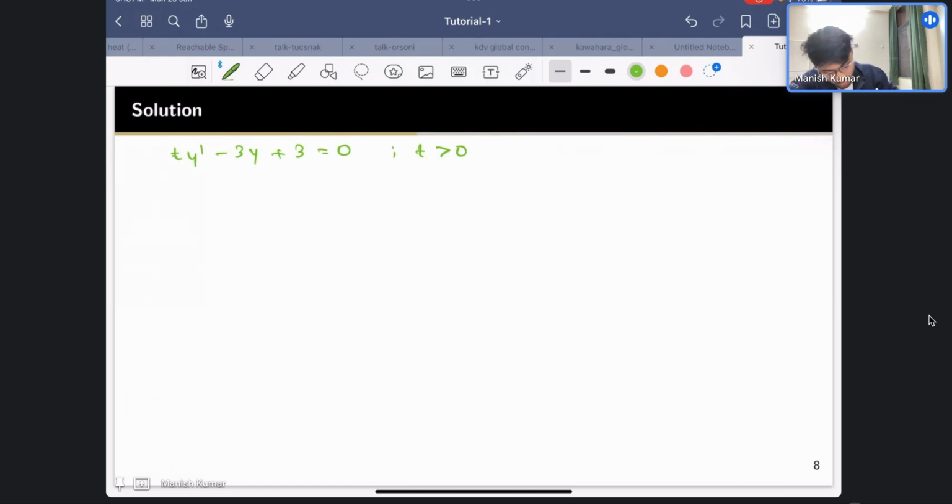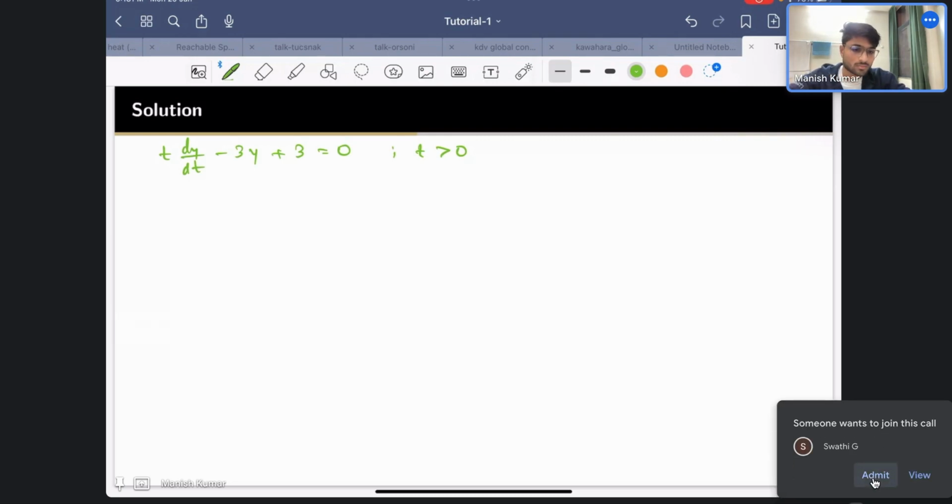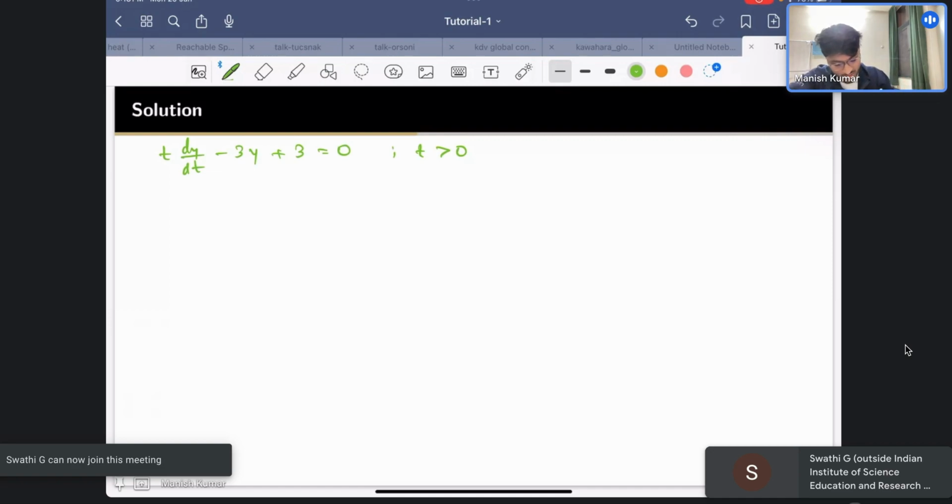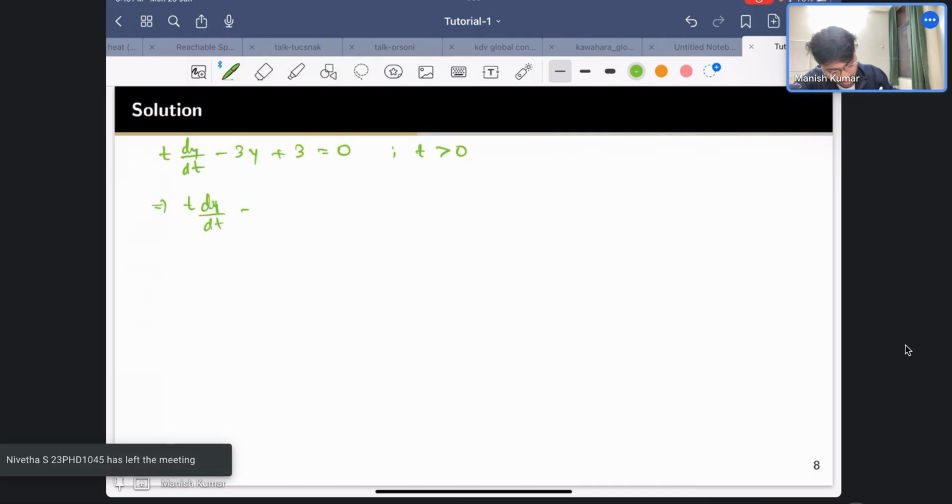You already know how to solve this kind of equation. Let us rewrite it. You can see from here that y and t can be separated, so you can use the method of separation of variables. t dy by dt equals 3y minus 1.